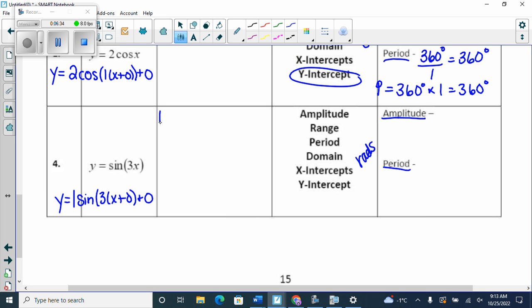So I have a horizontal stretch by a factor of 1/3 about the y-axis.